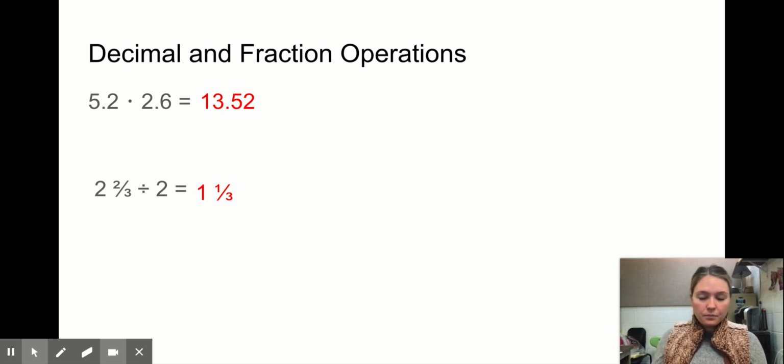Now, I did this on purpose. Remember, dividing by 2. 2 as a fraction is 2 over 1. That doesn't mean that you flipped it. It's 2 over 1 before you flip it. So this question turns into 8/3 times 1/2. When you multiply those 2 fractions, you get 8/6, which is equivalent to 1 1/3.